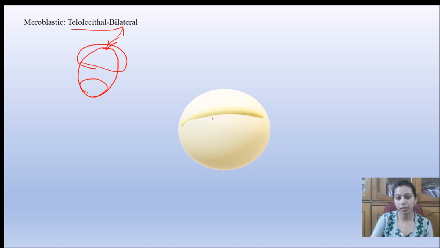You can see here the cleavage has taken place, or you can see a furrow has been formed on the surface of the egg, but it does not go as deep as we have seen in holoblastic cleavage. Again a furrow will be formed toward this side, and because of certain movement of the proteins, the cells will start cleaving, but it will not reach the other end of the cells.